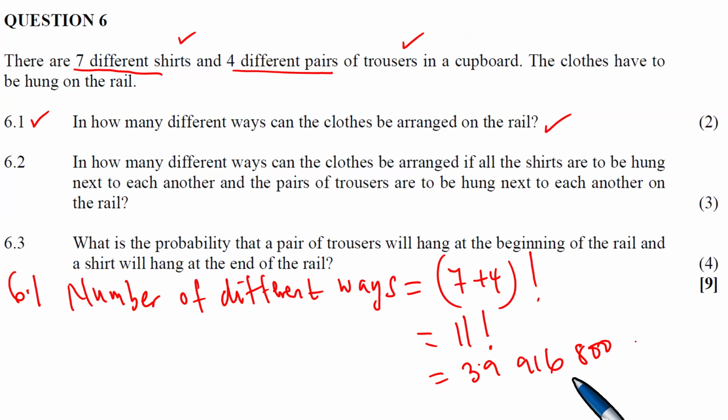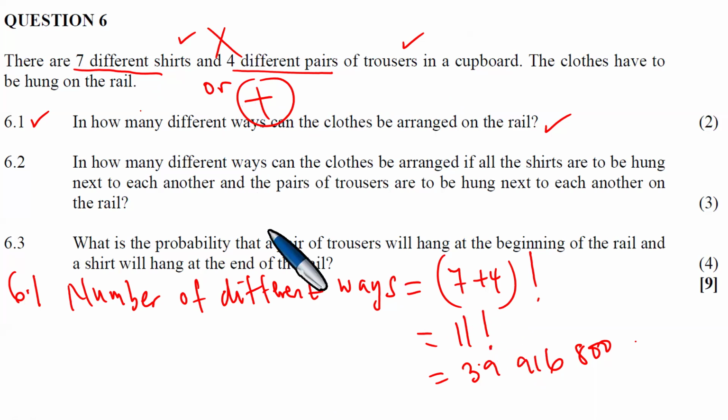You would factorial them separately when you have to either arrange the shirts or the trousers. If they say or, then this translates to addition. Or translates to addition, and and translates to multiplication.